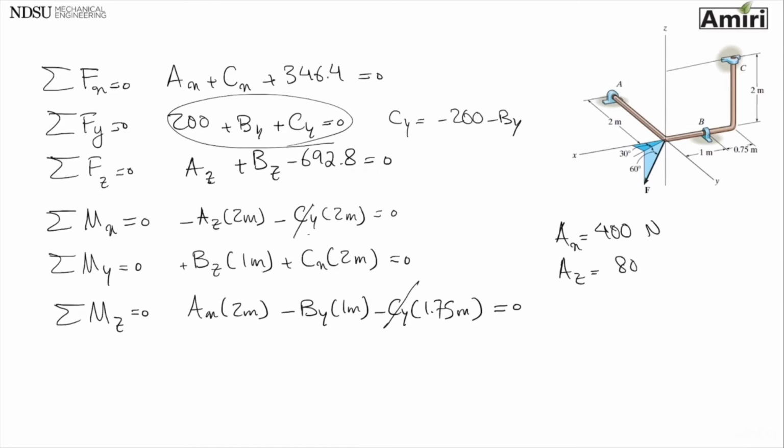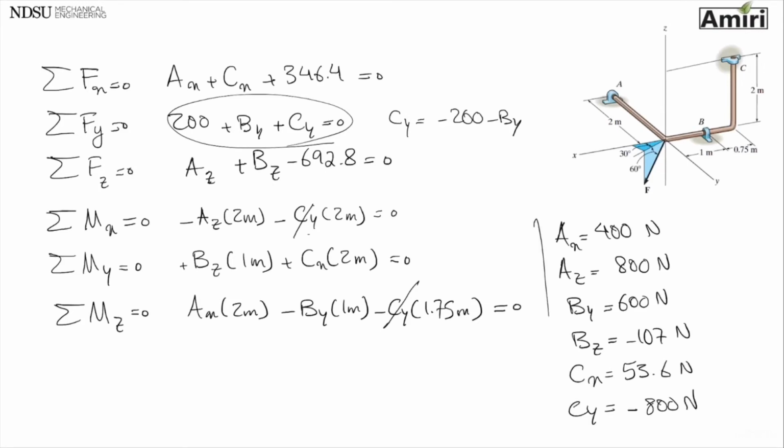So you got to go back to calc and or even high school math and figure out how to do 3 equations, 3 unknowns, 4 equations, 4 unknowns, and so on. So one of those, let me see, CY, yeah, so C 53.6 and CY of minus 800 newtons is the result.